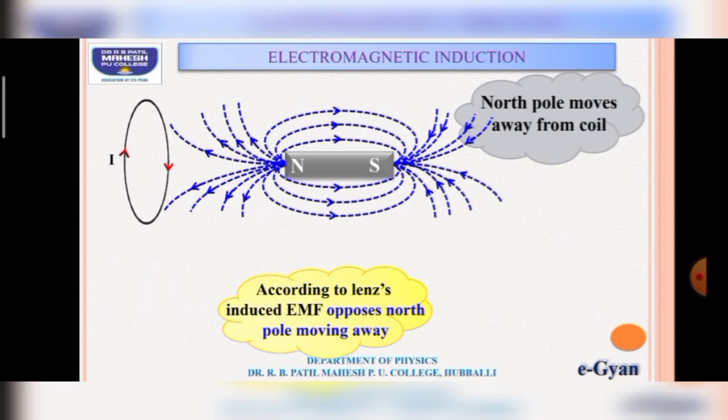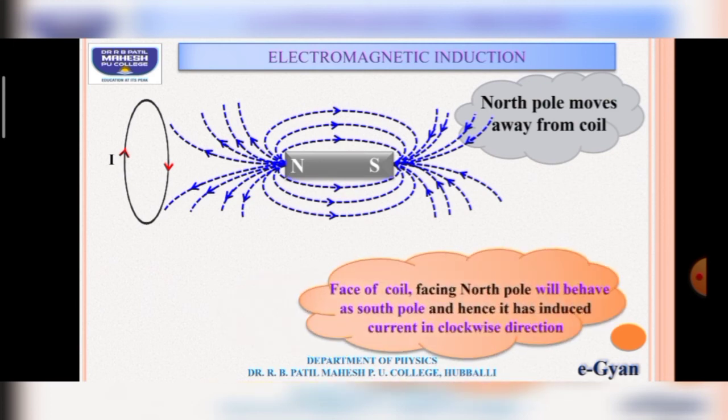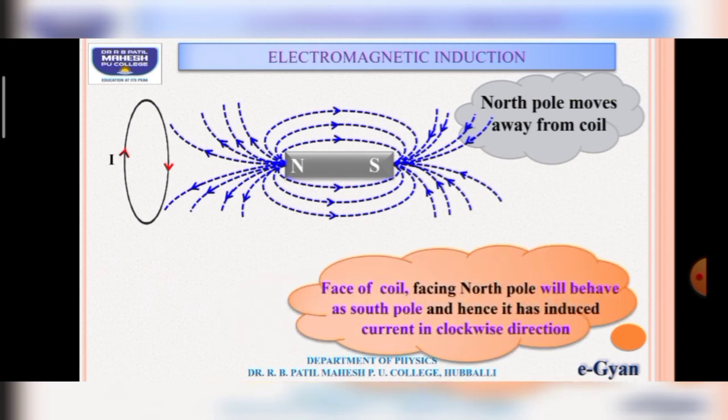That is, the face of the coil facing the north pole will behave as a south pole, and hence it has induced current in the clockwise direction. See, the face towards the north pole now behaves as a south pole. That means it is applying an attractive force on the north pole of the magnet. Hence, the induced current will be flowing in the clockwise direction.